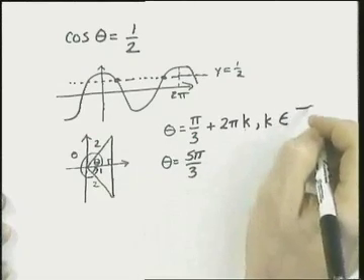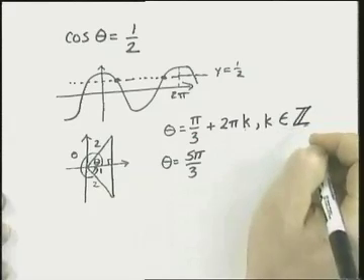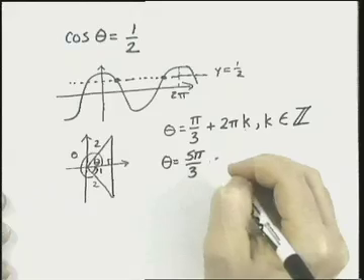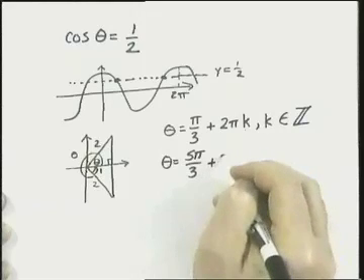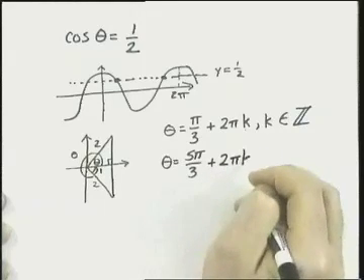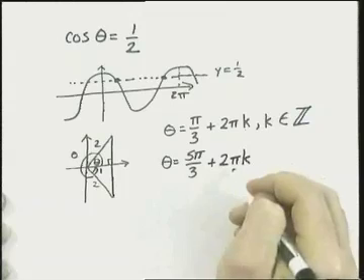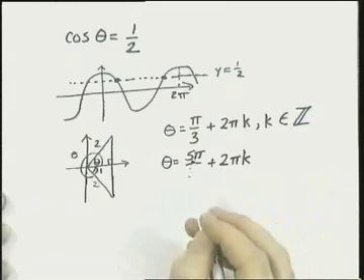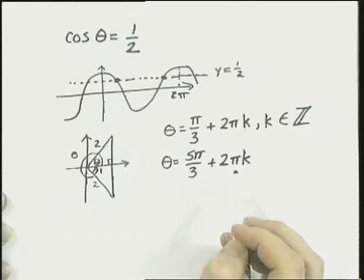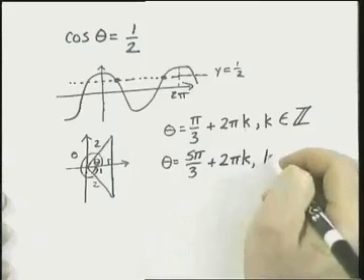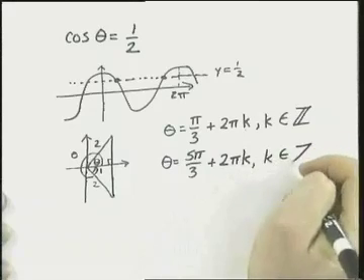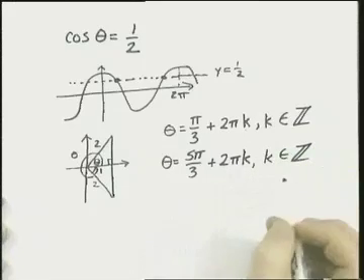We can write that as k is an element of the integers. Same solution down here: again, because the cosine function is periodic with period 2 pi, we write the solution 5 pi over 3 plus 2 pi k, where k is an element of the integers.